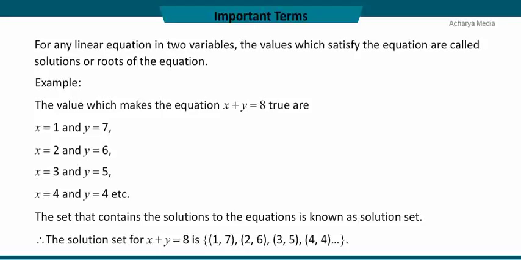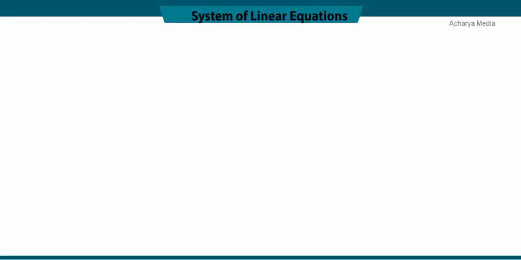Therefore, the solution set for x plus y is equal to 8 is (1, 7), (2, 6), (3, 5), (4, 4), and so on. Have a look at systems of linear equations.